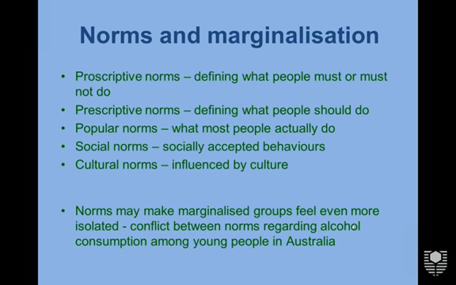Now, norms, social norms, are ideas that tell us how we should behave, tell us how society should be operating. So we're in the realms of should. A number of norms define, let's say, what women should be like and what men should be like, or how people should act. And there's a strong social pressure within society to conform to whatever set of norms are current at the time.